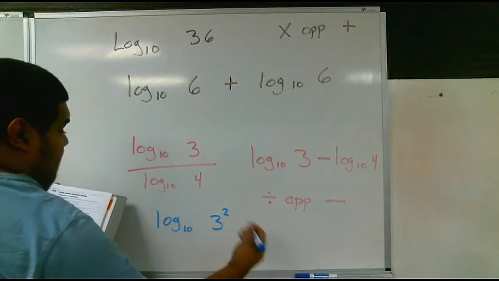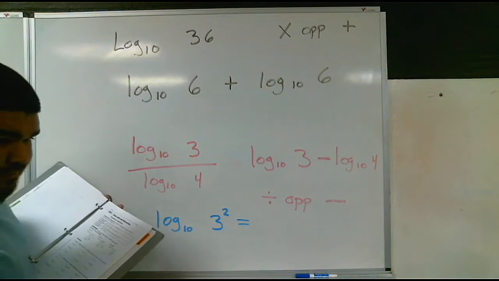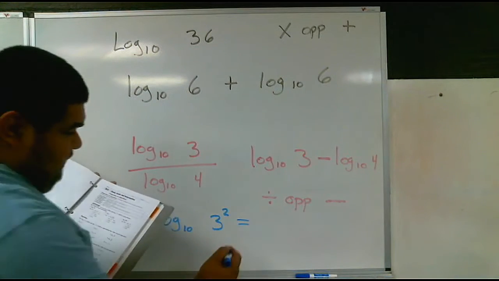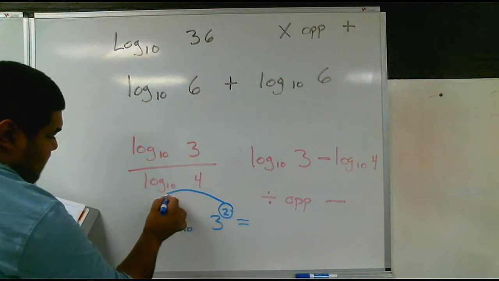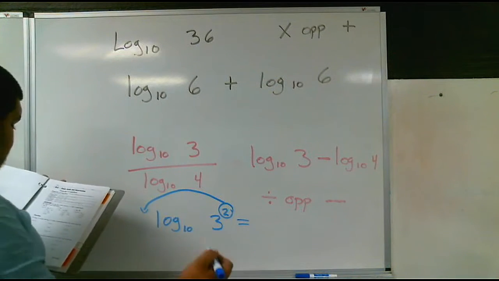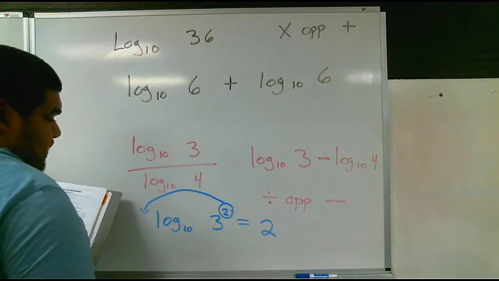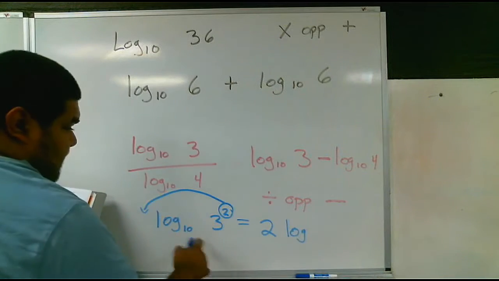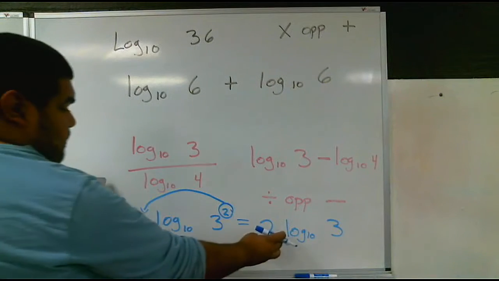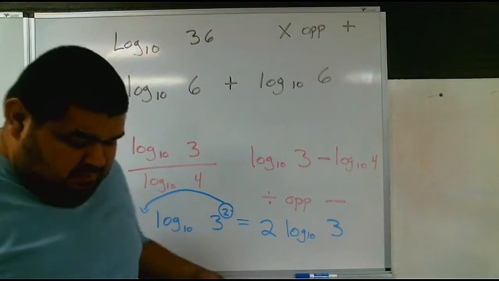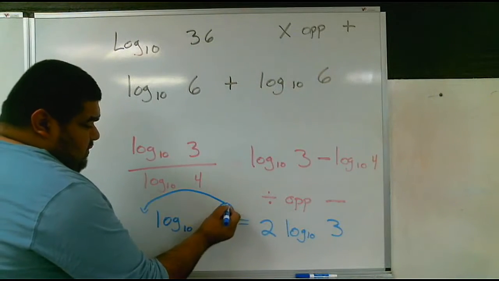All we have to do is get rid of that exponent on top. The way we get rid of this exponent is we move it to the front. So it becomes 2, as a whole number. It's no longer an exponent. So log base 10 of 3 times 2. That is another rule for when it comes to exponents.